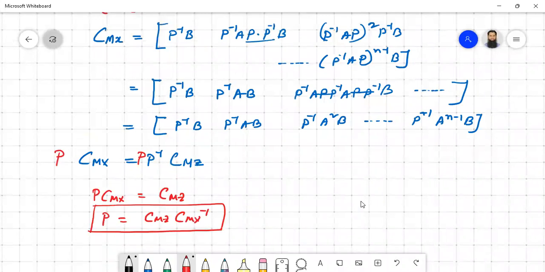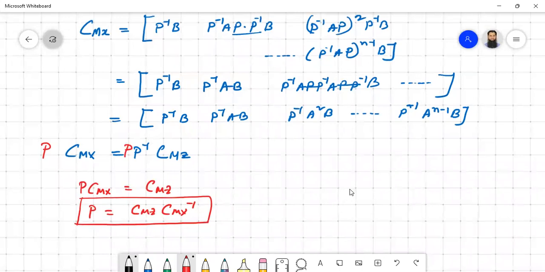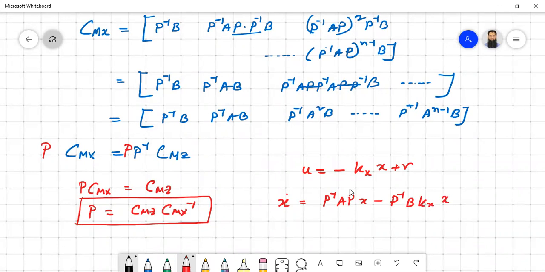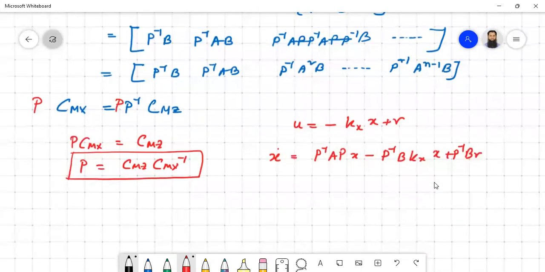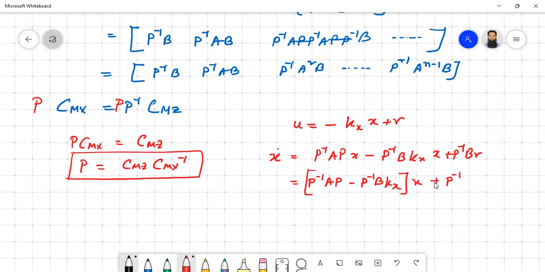Now, since we're going to design in the phase variable form, or in the X notation, we can assume that our input U is minus KX plus R. If we put it into our X dot, which we just derived as P inverse A P X minus P inverse B K X X plus P inverse B R, we can take common, and what you're going to find is P inverse, then you have AP minus P inverse B KX X plus P inverse BR.